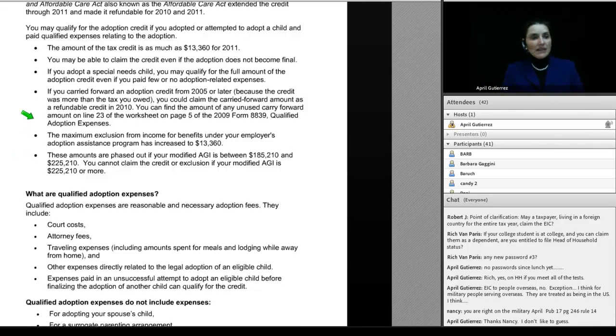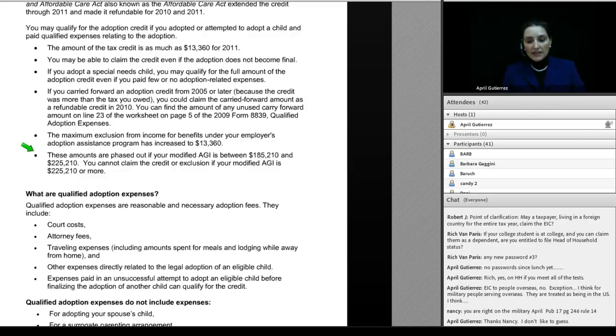So what are the rules for claiming the adoption credit in 2011? Well, clearly, because anything that was refundable from earlier years was refunded in 2010, we're not dealing with carry forwards into 2011. For 2011, we're looking at adoption expenses that occurred in 2011 or for adoptions that were finalized in 2011. So the maximum credit is, again, $13,360 per child.